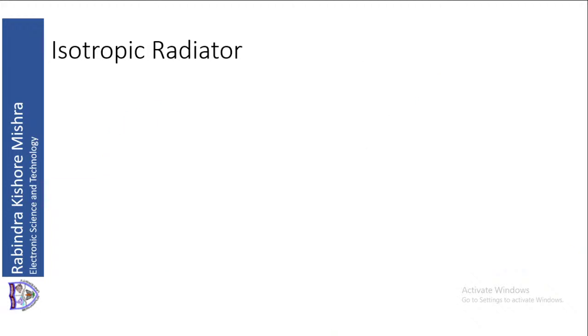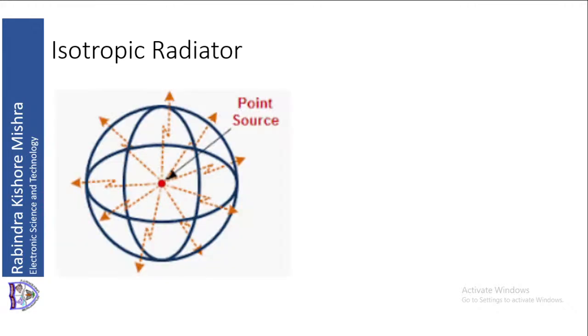And now we'll come to different types of antenna. We'll start with the basic antenna, which is called an isotropic radiator. Isotropic means it is the same everywhere, in every direction. It is independent of direction.